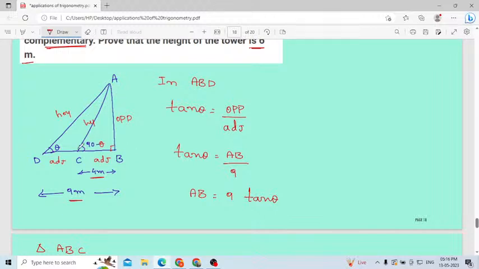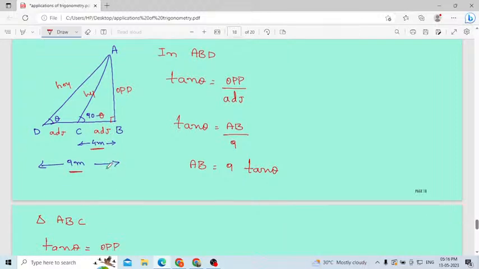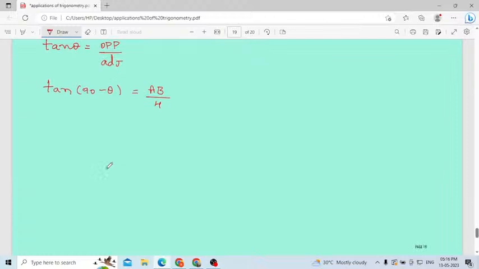In this triangle ABC, opposite is AB, which we don't know, and adjacent is 4. Tan of 90 minus theta is nothing but cot theta, since they are complementary angles, so cot theta is AB divided by 4. Then AB will be equal to 4 cot theta.